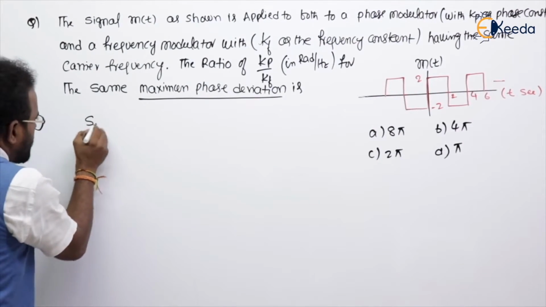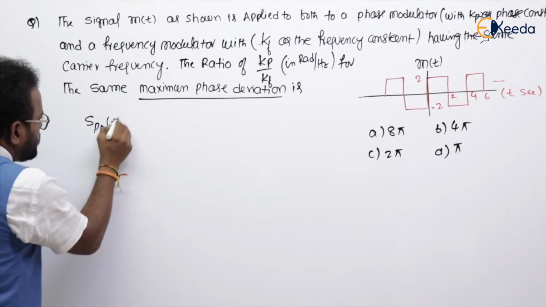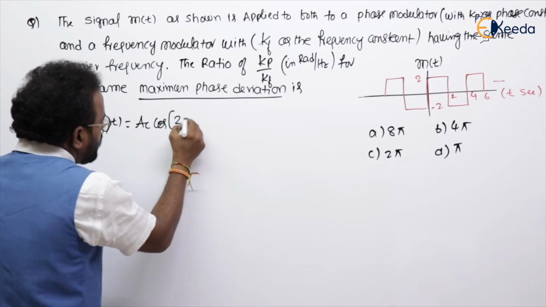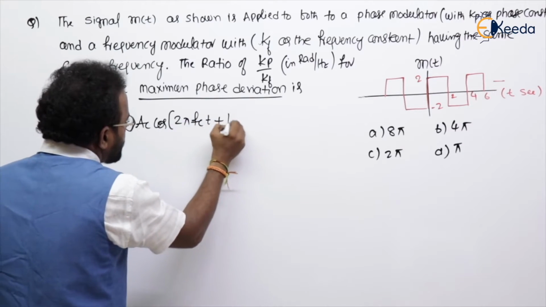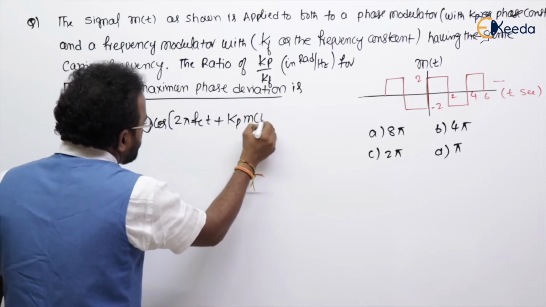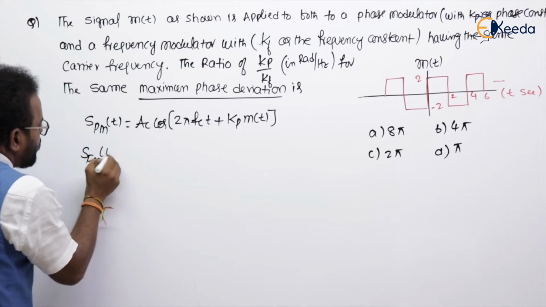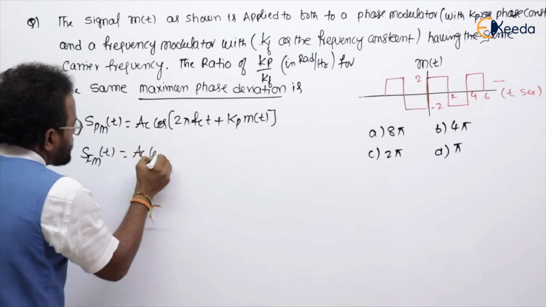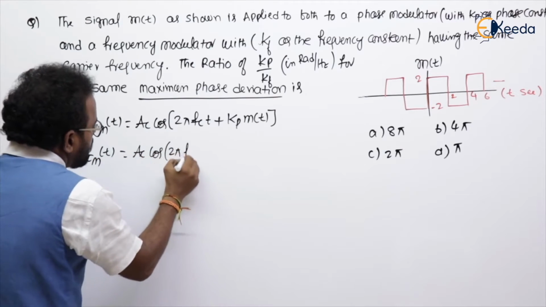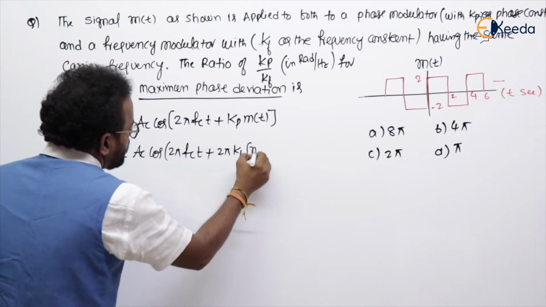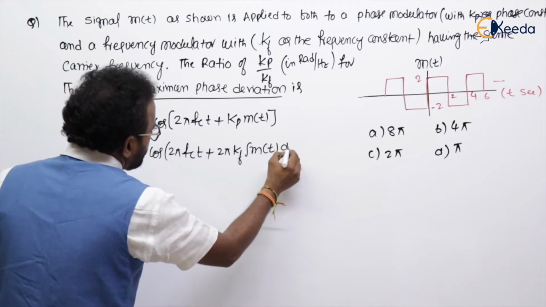What is the general expression for PM? General expression for PM is Ac cos(2πfct + Kp m(t)). What is the general equation for FM? It is Ac cos(2πfct + 2πKf ∫m(t)dt).